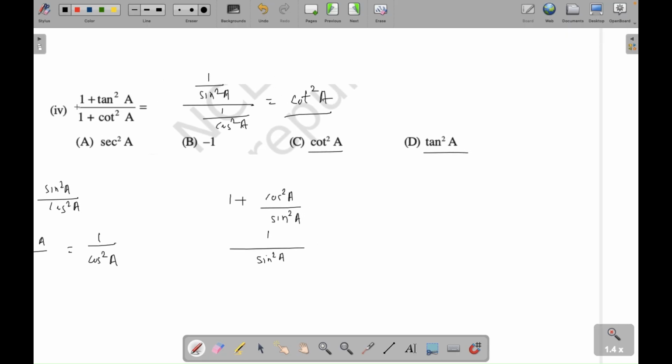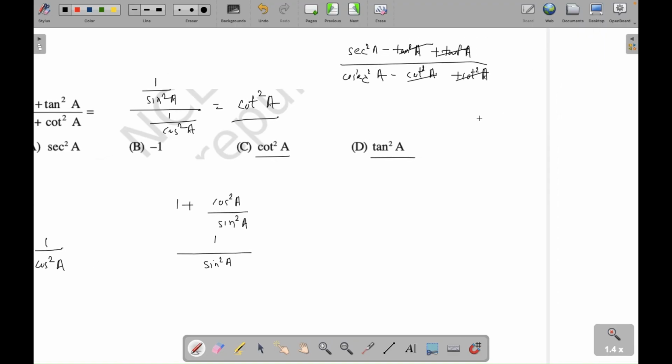Another way to solve this would have been, as I mentioned, when you have tan square A and 1, you can just leverage this 1 as sec square A minus tan square A, and then plus tan square A. Denominator also you have 1 plus cot square A. So you can use this 1 as cosec square A minus cot square A plus cot square A. So from the numerator, tan gets cancelled, denominator cot gets cancelled.